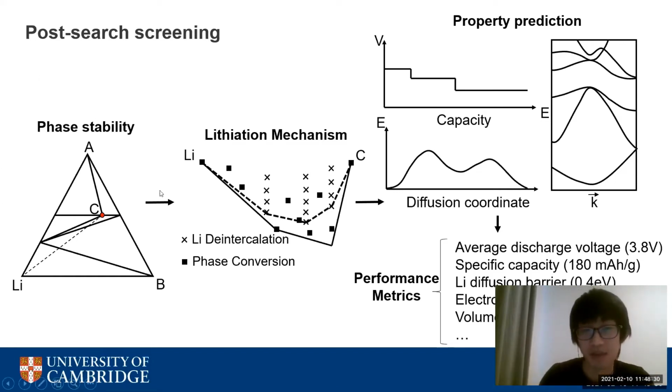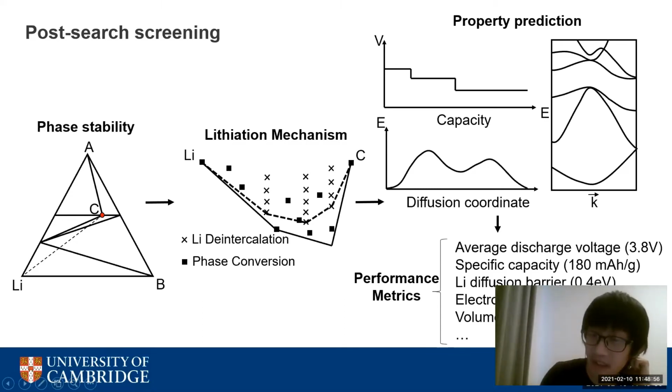The first is that we look at the energy of these phases. We choose the ones with lower energies and put them into a phase diagram. And when we do that, we can see whether this phase is on the convex hull or is above the convex hull. If it is above the convex hull, how high it is. If it's not really high, we can say that it's kind of possible to synthesize in experiments.